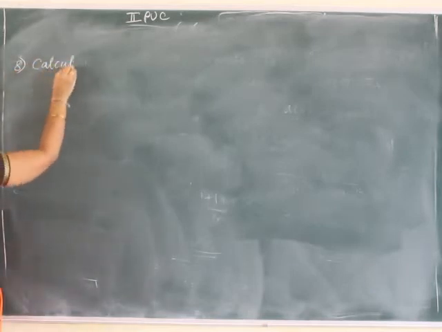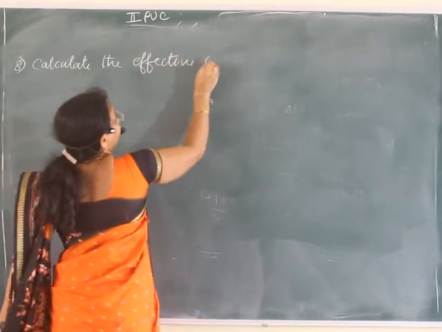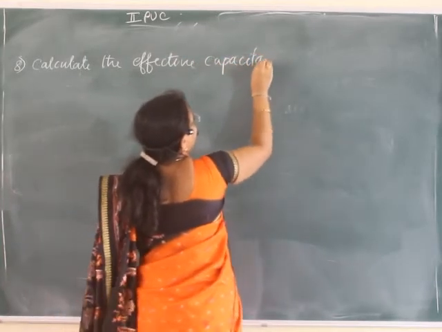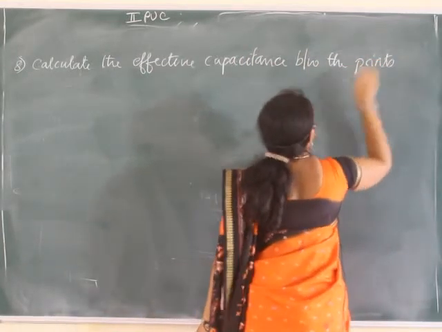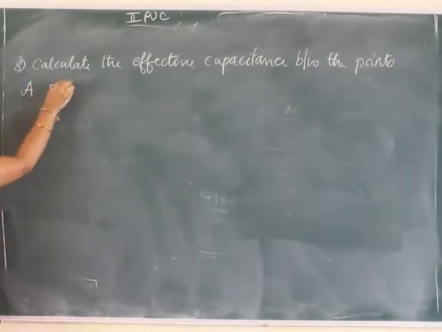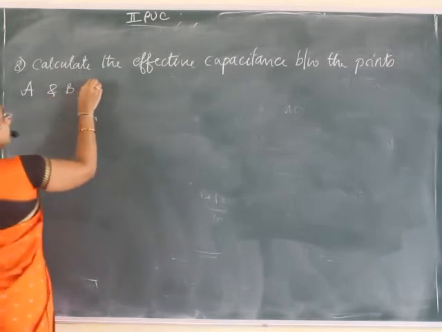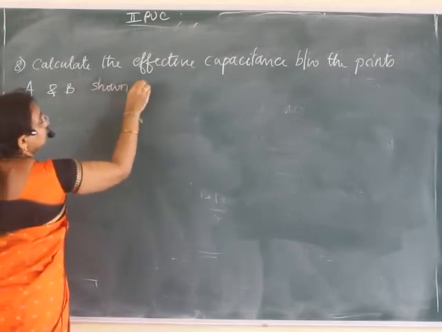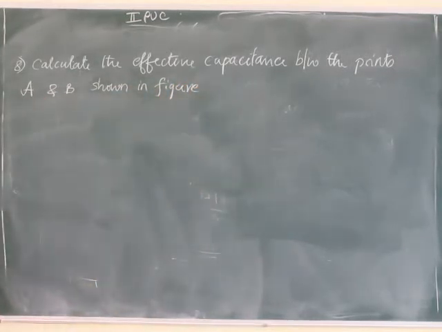Question number 8. Calculate the effective capacitance between the points A and B shown in the figure. Okay, see the diagram.